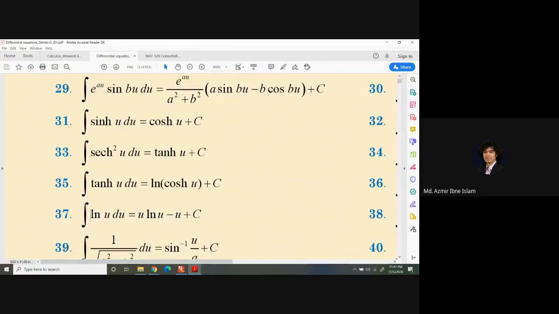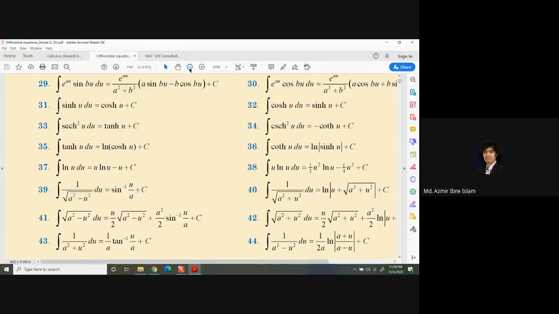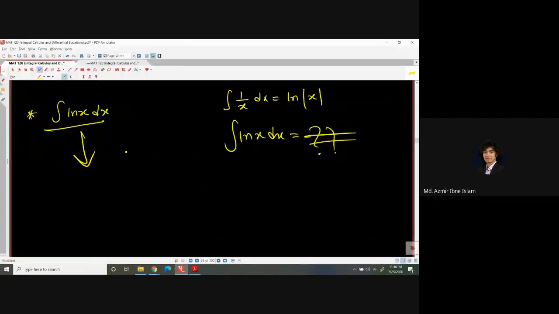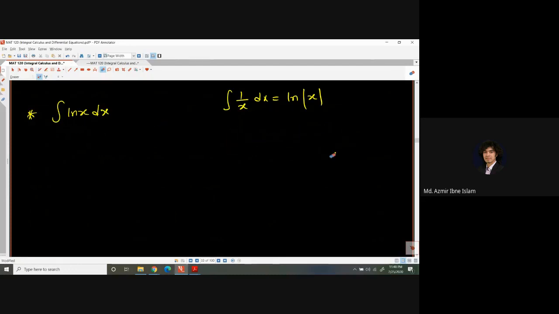Or if we have integration of ln x, then it will be x ln x negative x. So the result is here. We can use this formula for our advanced problems. But now, since we have been asked to evaluate this one, we have to show all the steps. Is that okay? So how can we do this one?